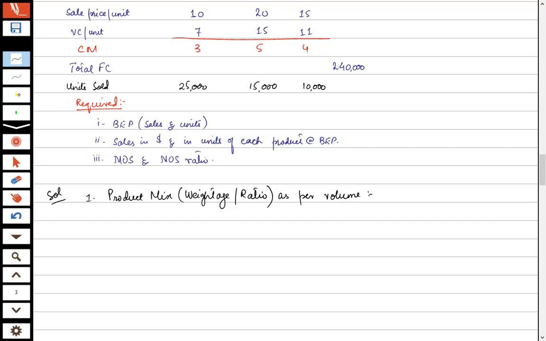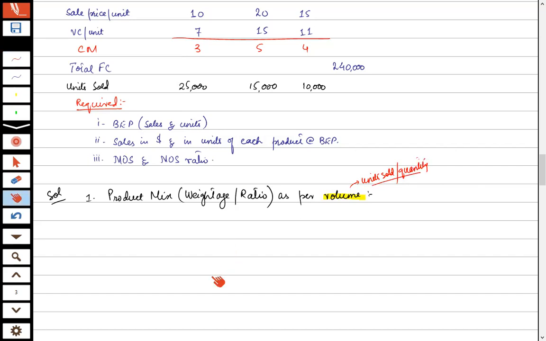Volume means either the units sold or the quantity sold. That is the units or quantity. Done.